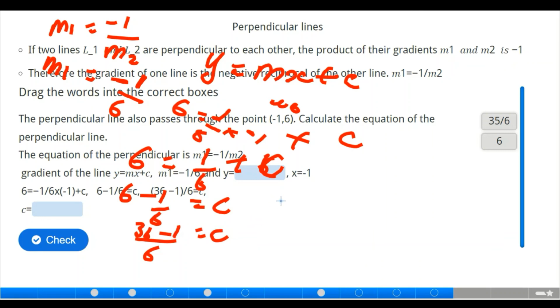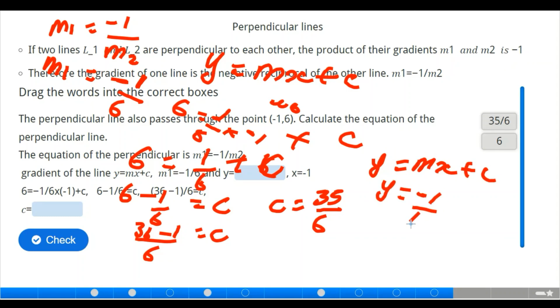So c will now be 35 over 6. If we do that, the equation will now be y equals mx plus c. So we have y equals minus 1 over 6x, which is the perpendicular line, then the constant is now 35 over 6, and that gives us the equation of that perpendicular line.